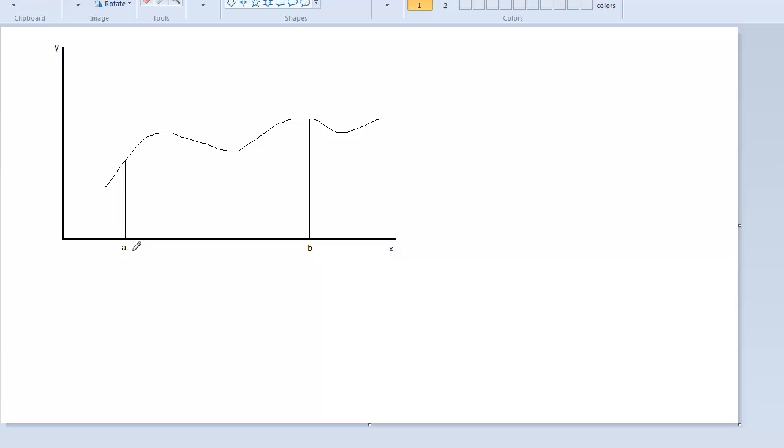Assume that a is my starting point, and I also call it x0.